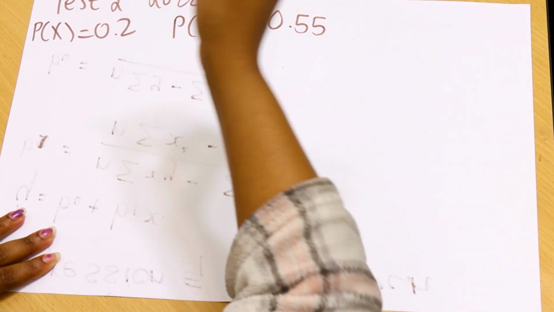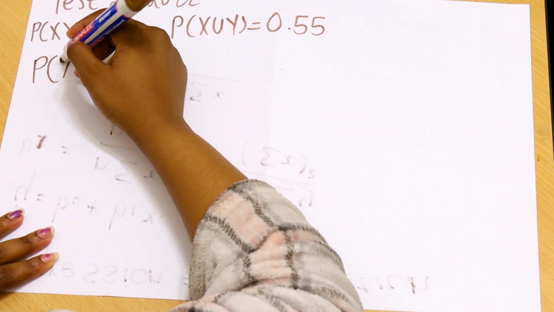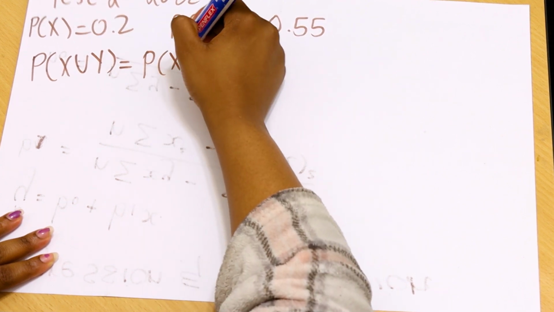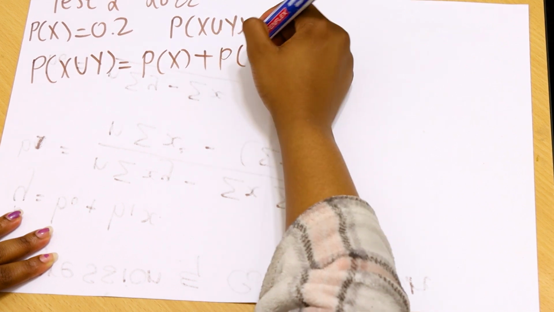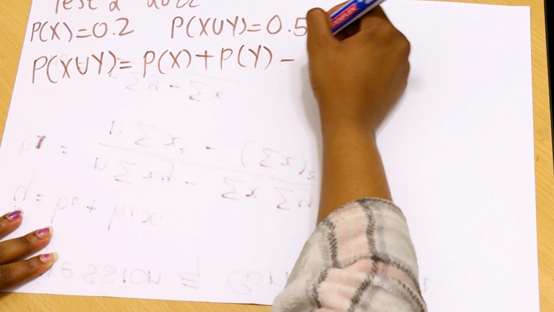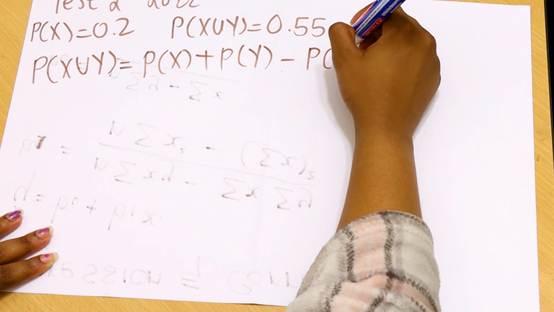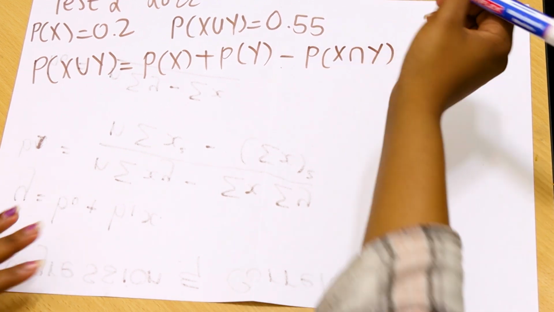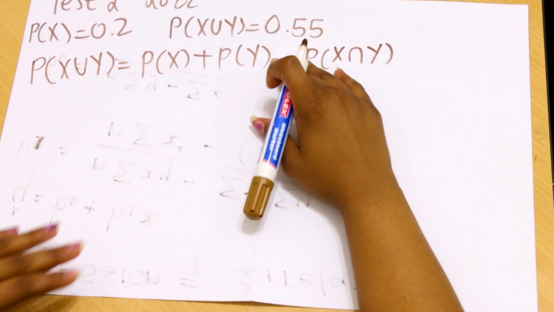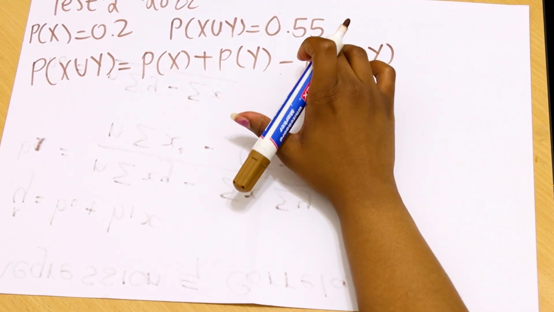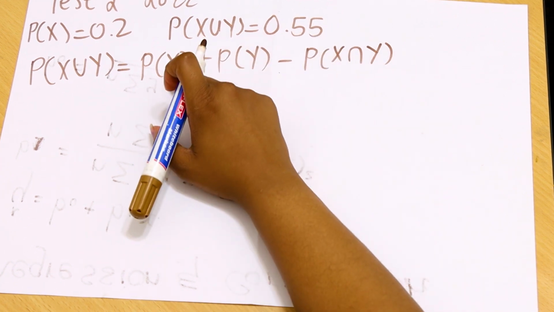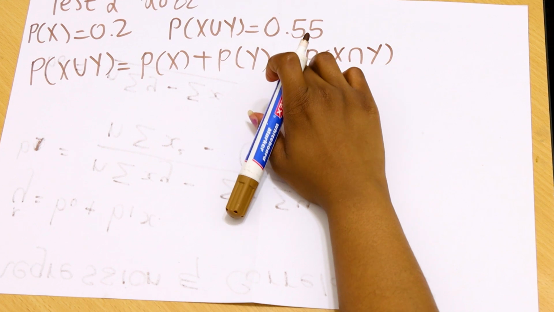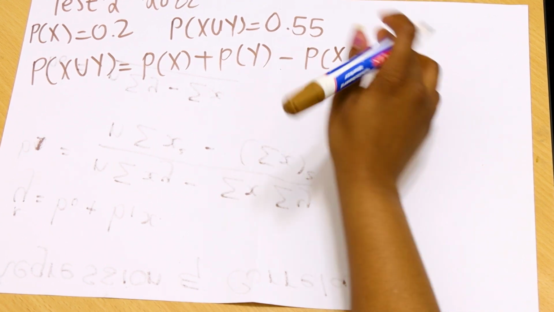If events are non-mutually exclusive, you know that the probability of X union Y is the probability of X plus the probability of Y minus the intersection, P(X and Y). What I was explaining is that you double count the intersection. P(X) has the intersection, P(Y) also has the intersection. So there's a double counting, which is why you subtract P(X and Y).